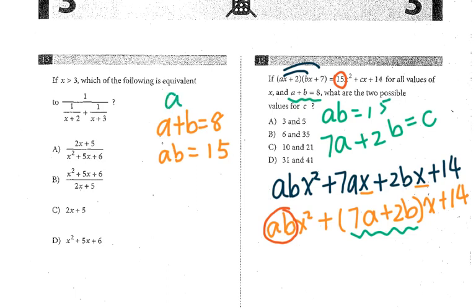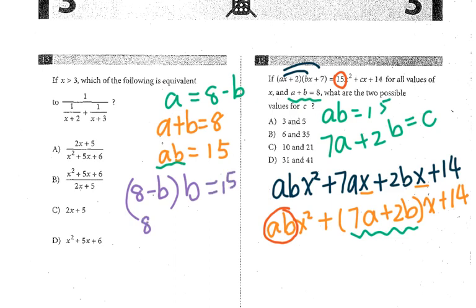So I will do a equals 8 minus b. Then I plug in here, and you will get 8 minus b times b equals 15. Distributive property, you will get 8b minus b squared equals 15.